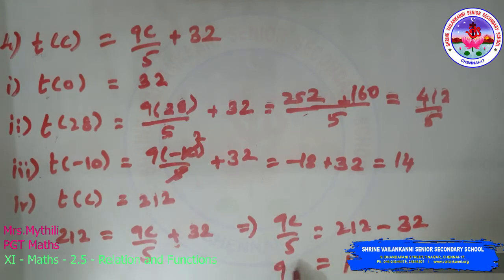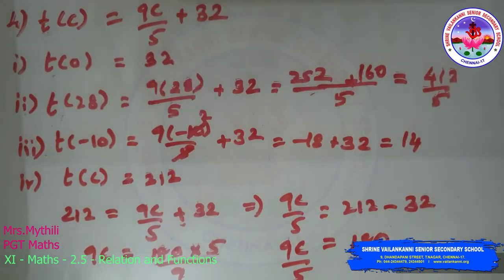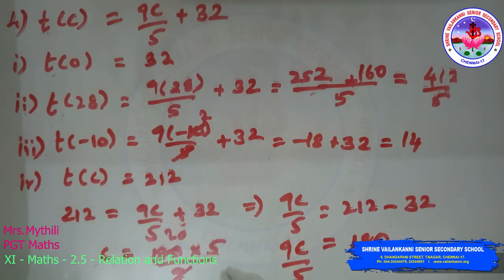So 9c by 5 equal to 180. So 9c equal to 180 into 5 by 9. Cancelling this, 20 times. So 20 into 5, which is equal to 100. So when t equal to 212, then c is 100.